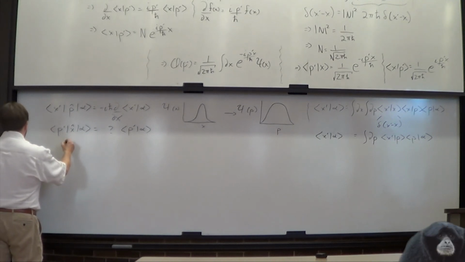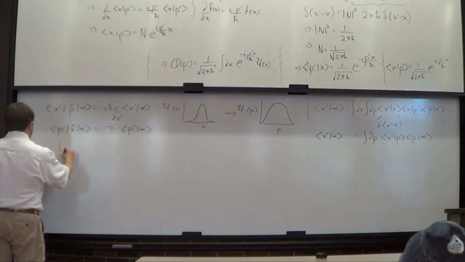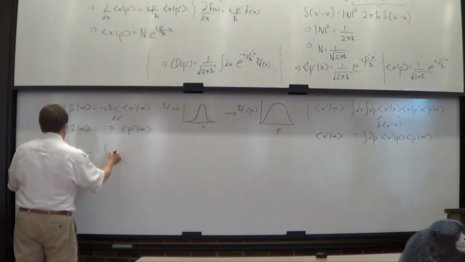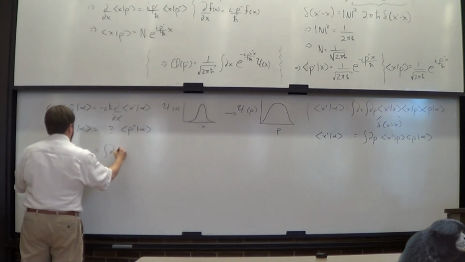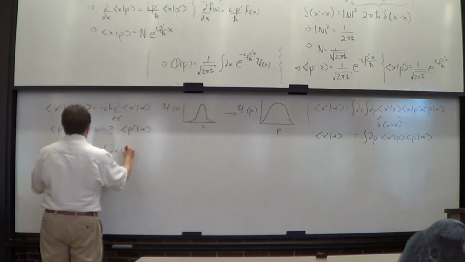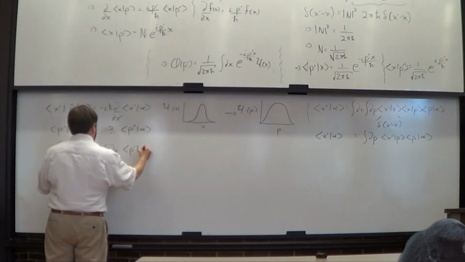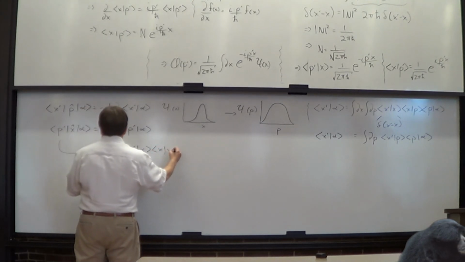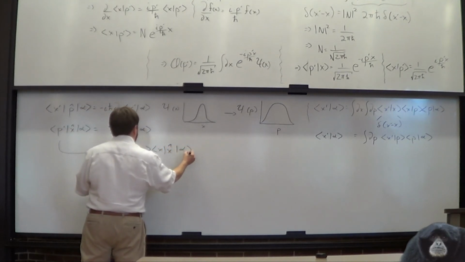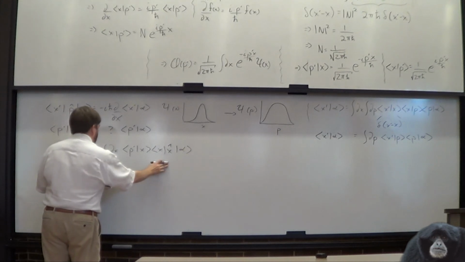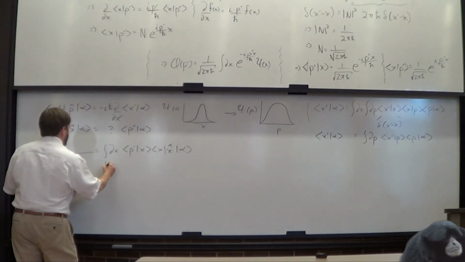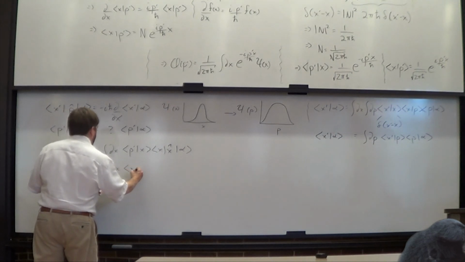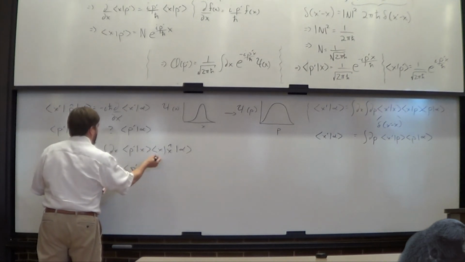Okay, so what you do is here, let's do with this. I'm going to resolve an identity. Here's the other product. Alpha. Okay. Now what I'm going to do is use the fact that X is an operator.